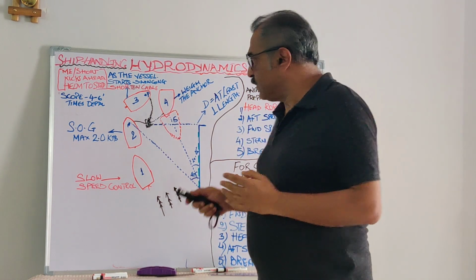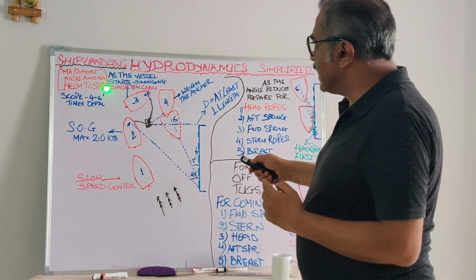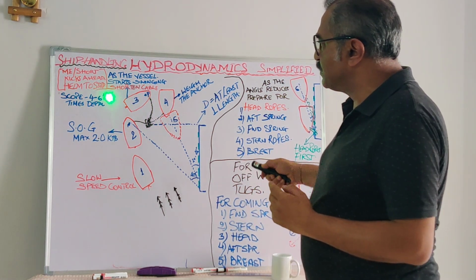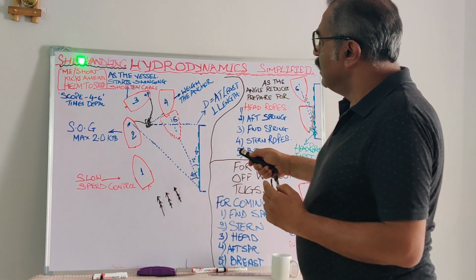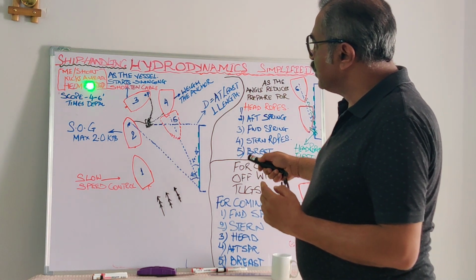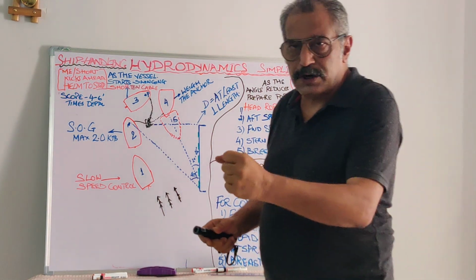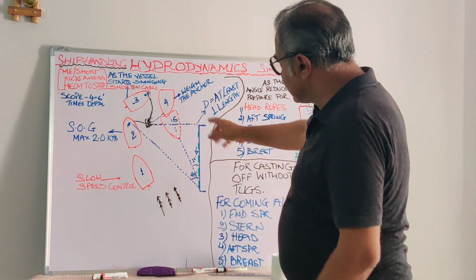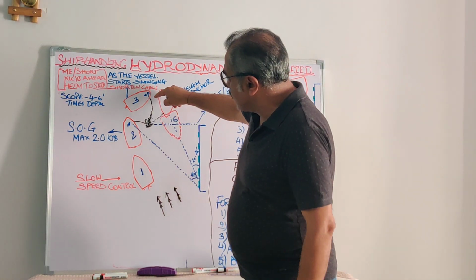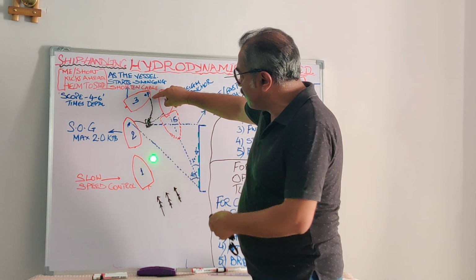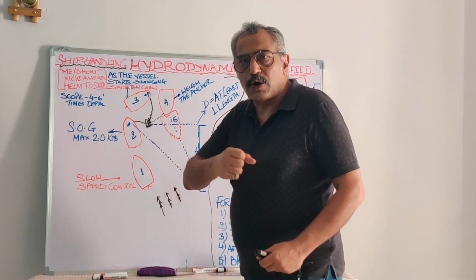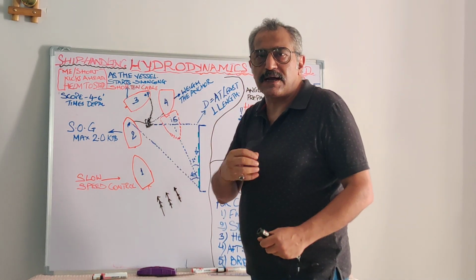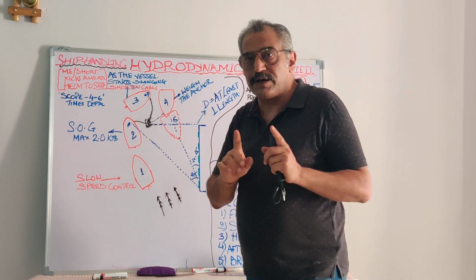Let me put it again. In case number 3, as I said earlier, you paid 4 to 6 times the scope of the depth. At this point of time, you start giving short kicks ahead. Means dead slow ahead, stop. Dead slow ahead, stop. At the same time, the master would ask the chief officer or the person standing at the bow to start shortening the cables, to pick up the shackles as much as it comes without tension.